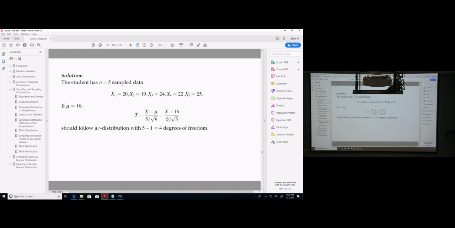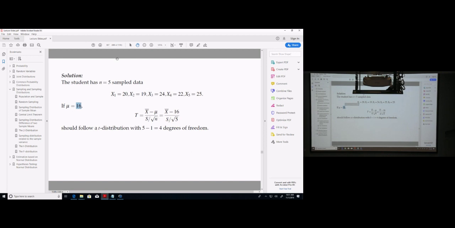So based on the actual numbers from the sampling, I can calculate the sample mean, and I assume the mean of the population is 16.